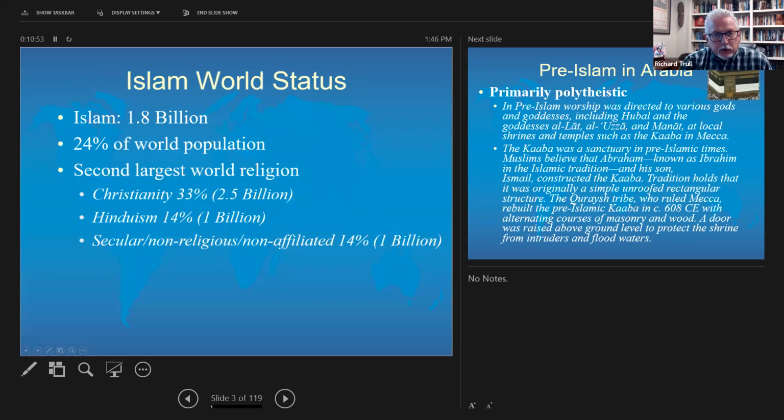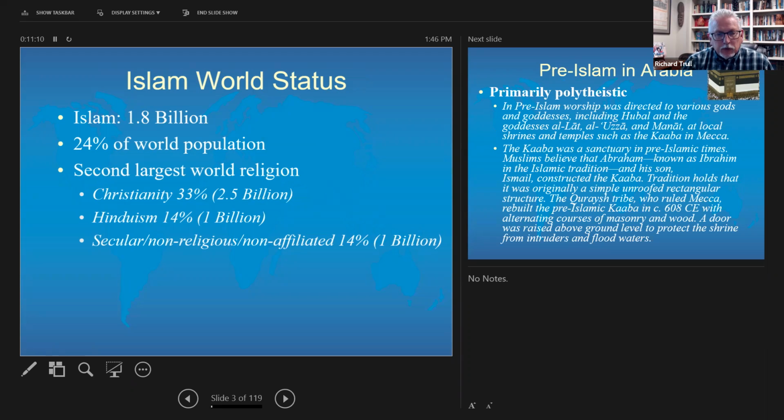Islam is about 1.8 billion people, 24% of the world's population. It is the second largest world religion, Christianity being the largest at about 33%, 2.5 billion. Then it drops from there.